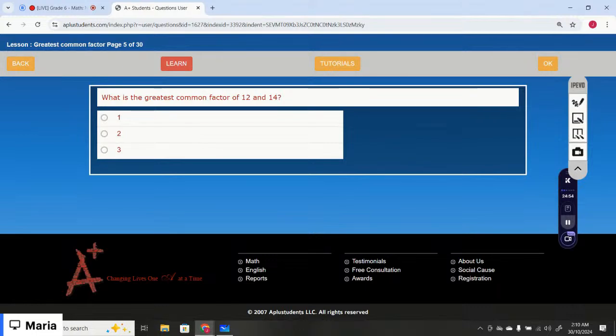What is the greatest common factor of 12 and 14? Which is the correct option? That is 2. 2 is the number that can evenly divide 12 and 14. So the correct option is 2.